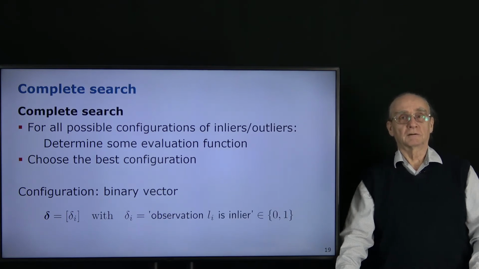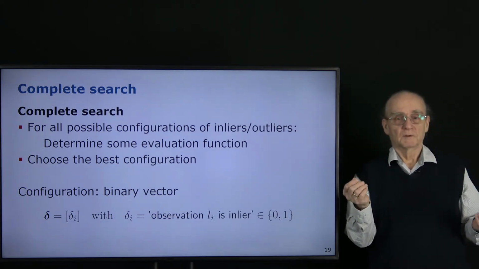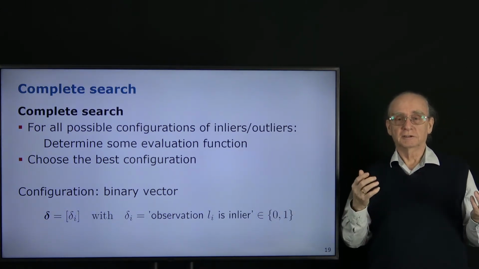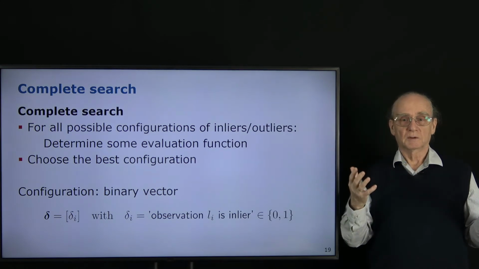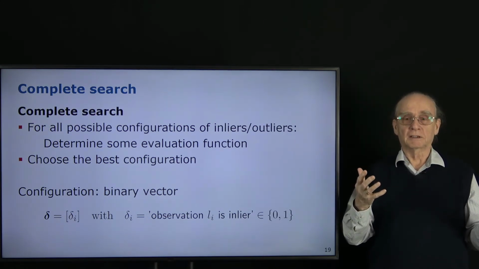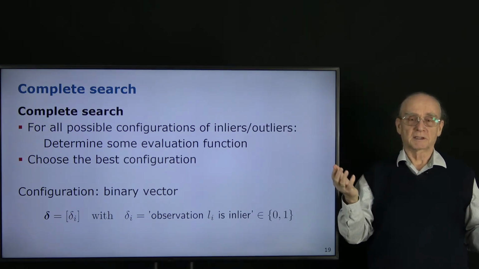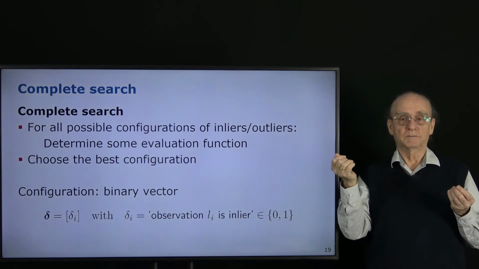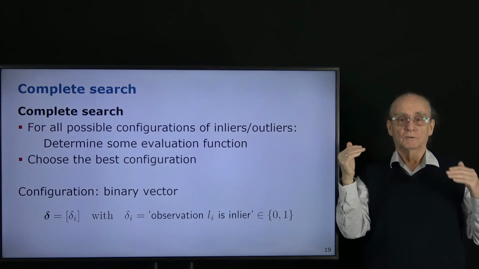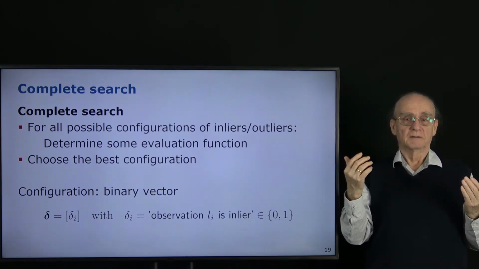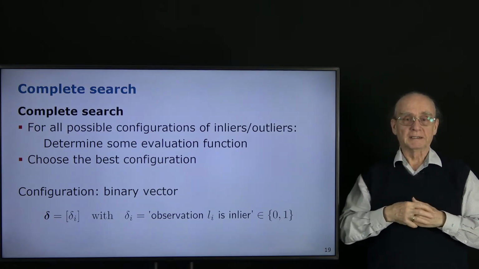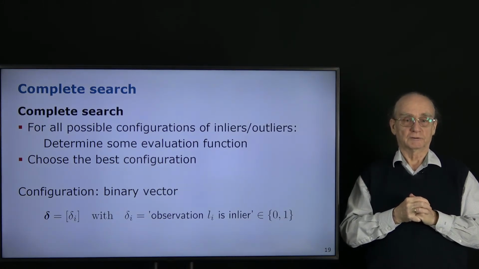So if you have 10 points and you want to fit a line, you take one configuration, let's say 1, 2, 7 is an outlier, and the others are inliers. Then you make the maximum likelihood estimation for the fitting line. You look at the residuals, and this is your evaluation function. And then you do this for all combinations and choose the best configuration.